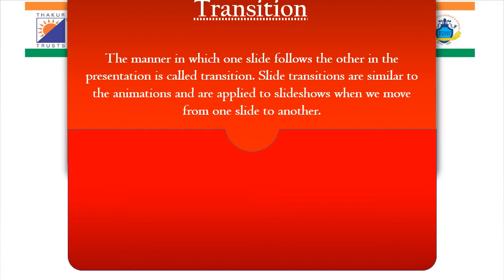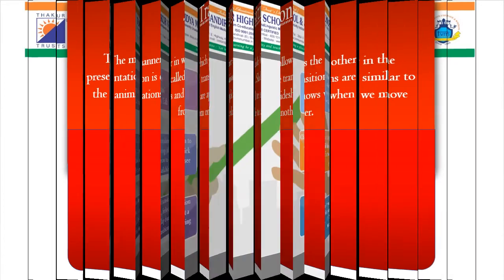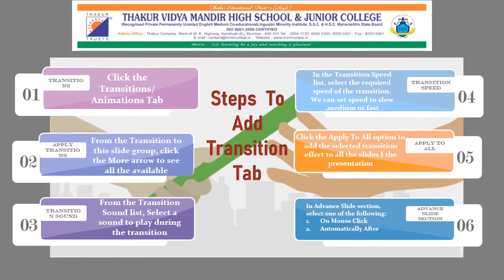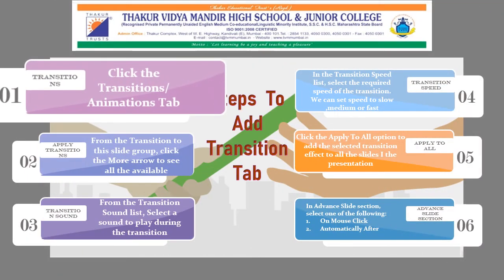Now, let us see how to apply transition to a PowerPoint presentation. The first step is to click on the animation tab or transition tab, depending upon the version of Microsoft PowerPoint.